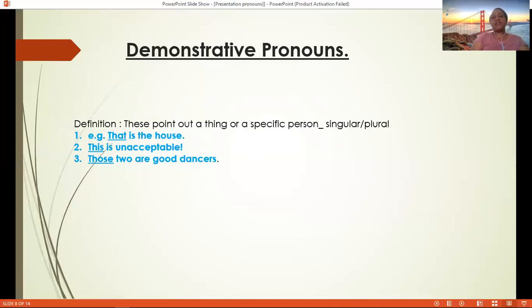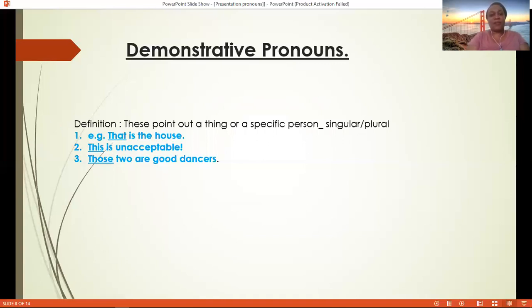The demonstrative pronouns. Demonstrative pronouns. The definition. These point out a thing or a specific person, both singular or plural.